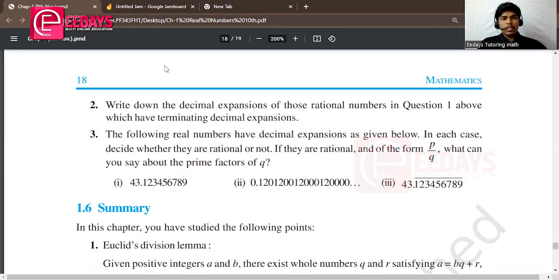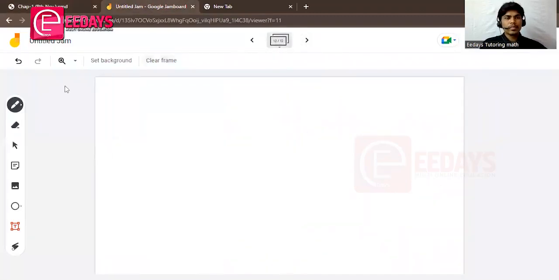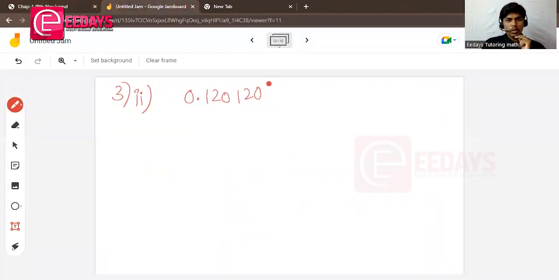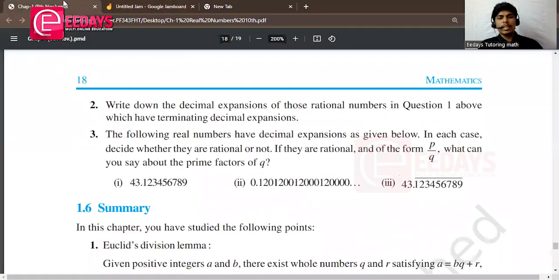Okay, fine. Now let's move on to the next question. Third question, second one. 0.120120012000 and it is continuing on. Observe carefully, guys.